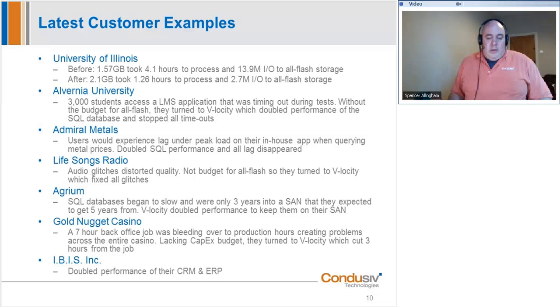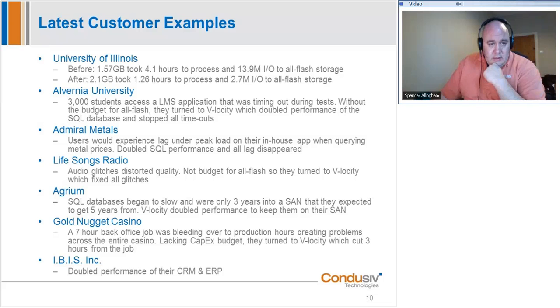The traditional solution would have been to rip and replace their SAN with something a lot more expensive, like an all-flash array, but simply they didn't have the budget to do that. So they put the Vlocity software in there, and we were able to double the performance of their SQL database, and all of the timeouts that they were seeing under peak load went away. They disappeared. So that was a really good story, a really good case study.